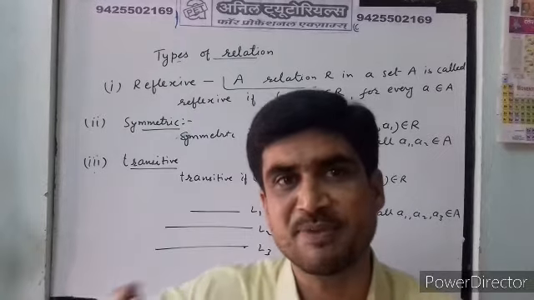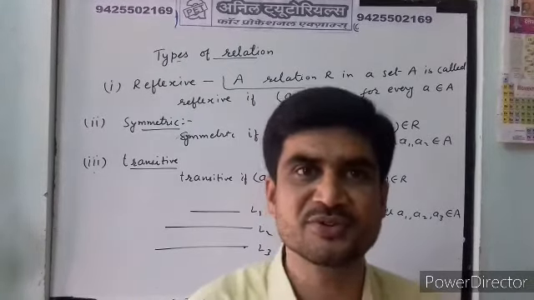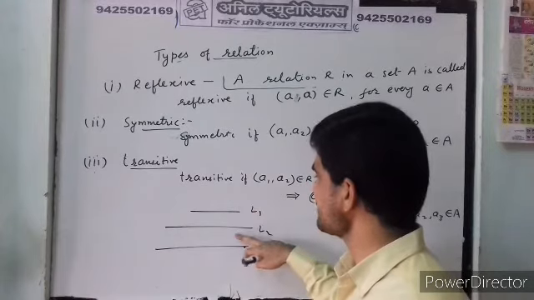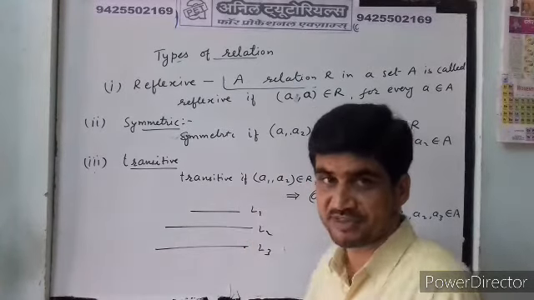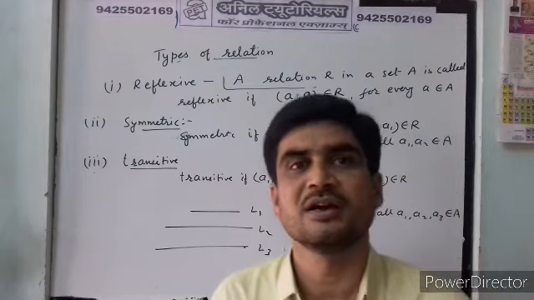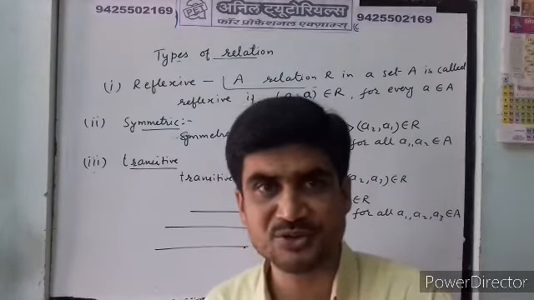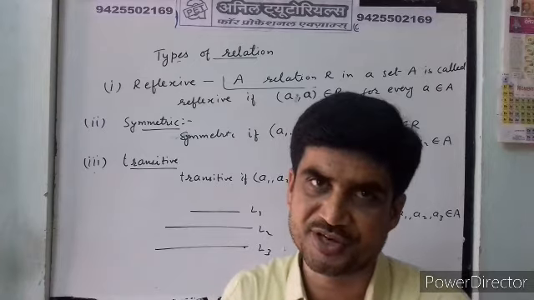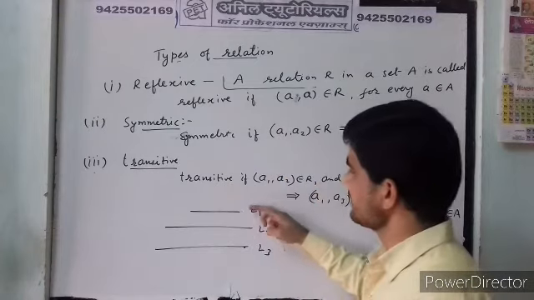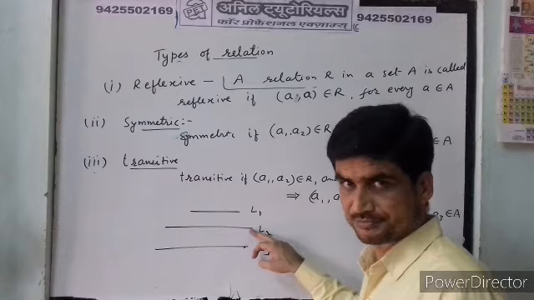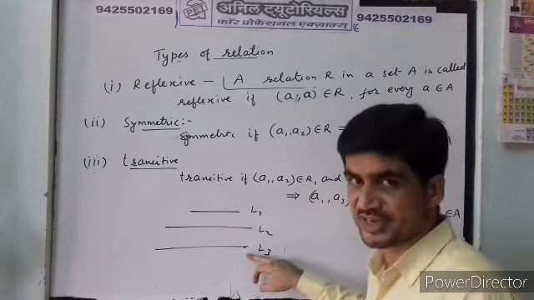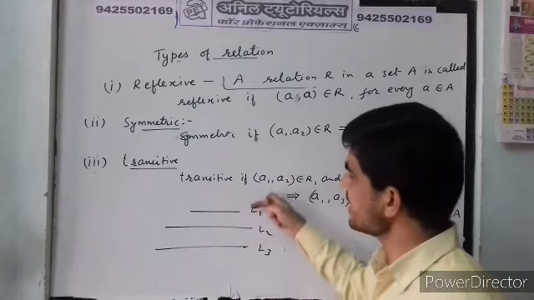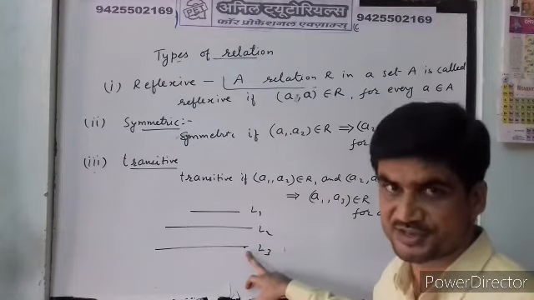Now if L1 is parallel to L2 and L2 is parallel to L1, just see, it is happening. If these two lines are parallel, so L1 is parallel to L2 and L2 is parallel to L1. This is a symmetric relation. And one more thing, if L1 is parallel to L2 and L2 is parallel to L3, then definitely L1 will be parallel to L3 also.